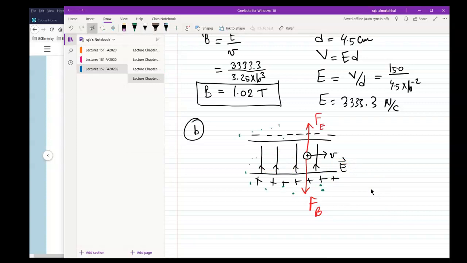Dot means out of the page, right? Use the right-hand rule and you'll discover that B here is out of the page. Got it? Okay. See, it's not that bad, is it?